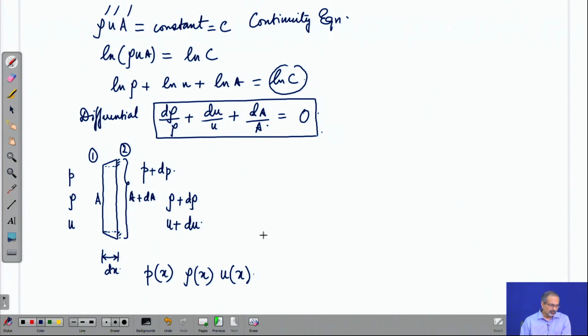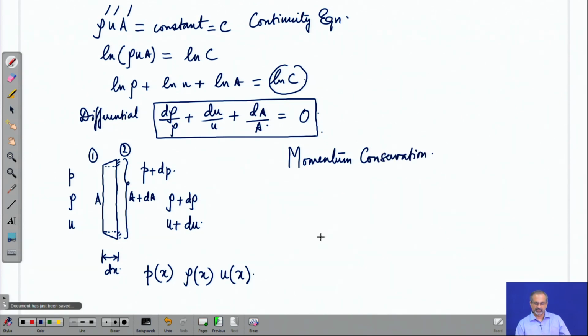Now, if you recall the equation for momentum conservation, how will it work out? Let us try to figure out.